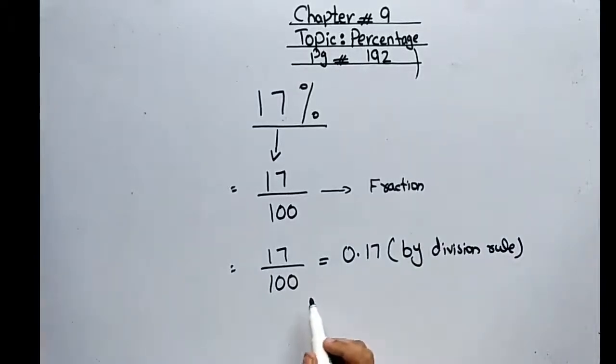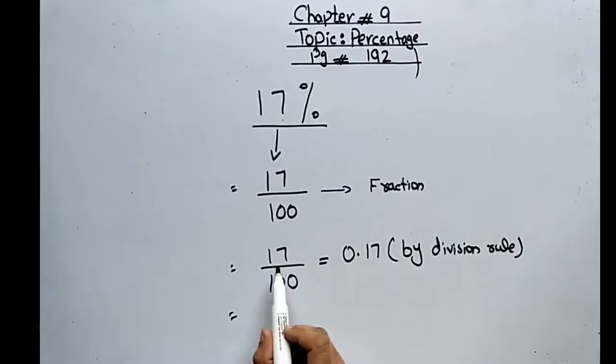Do you remember that we have already learned the division rule and multiplication rule in grade 4? Okay, now how can we apply the division rule? Look here. When any number is divided by 10, 100 or 1000, we look at the number of zeros in the denominator. How many zeros are there in the denominator? 1, 2.